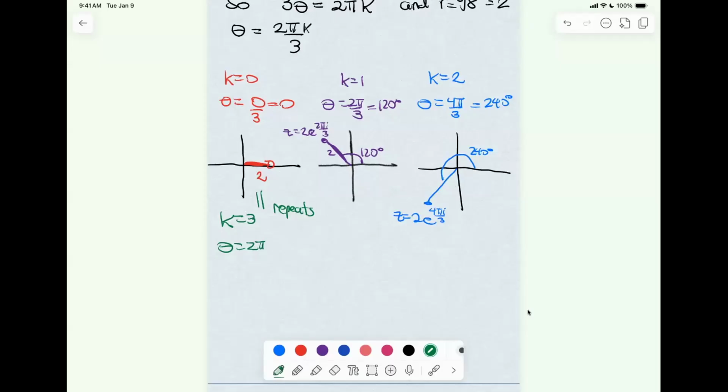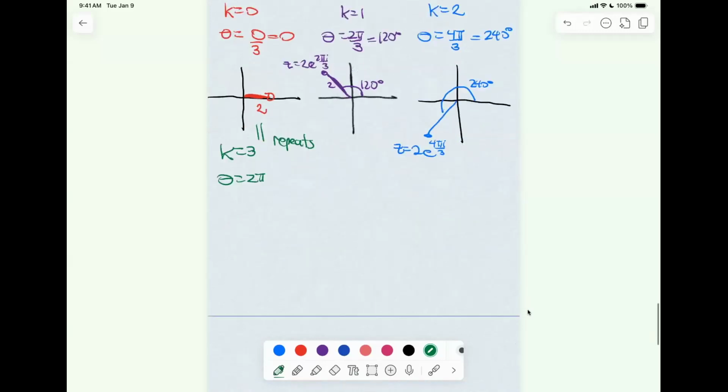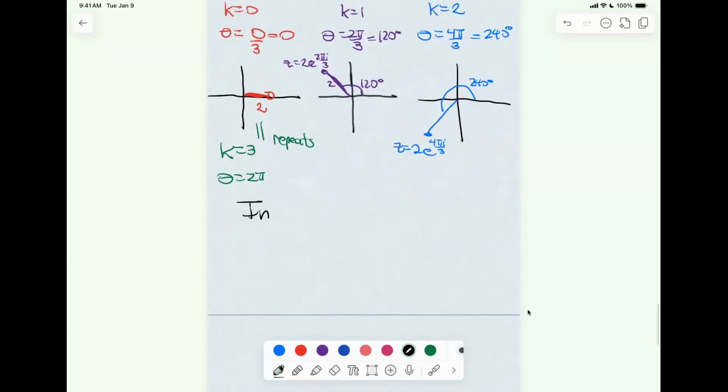So in general, if you're trying to find the cubic root of any number, the way to think about it is that any number is that number times 1. Again, it's kind of silly to think about it that way.